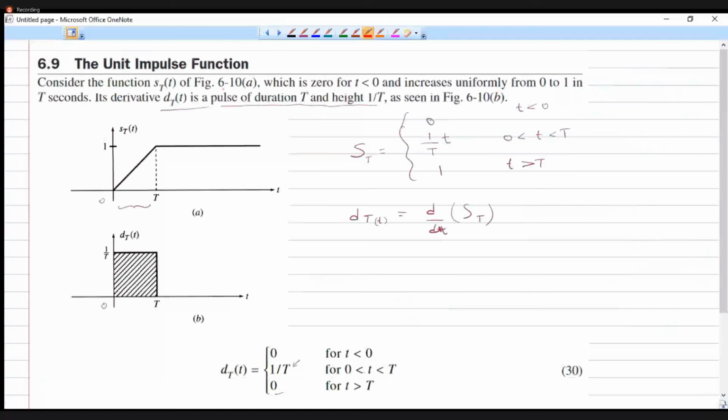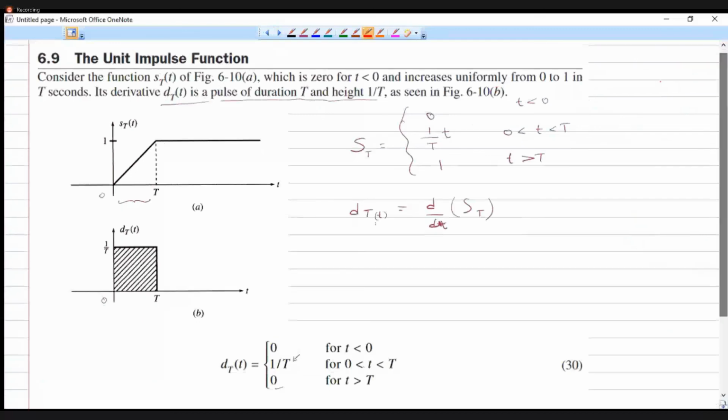Then we have defined what a unit impulse function is. We have proved that it is nothing but the derivative of the unit step function as the time period for the rise tends to 0. So as the rise time tends to 0 and you differentiate this unit step function, what you get is called an impulse function.